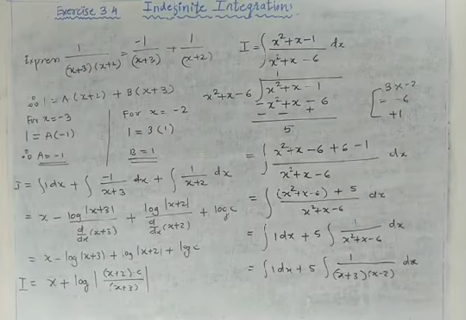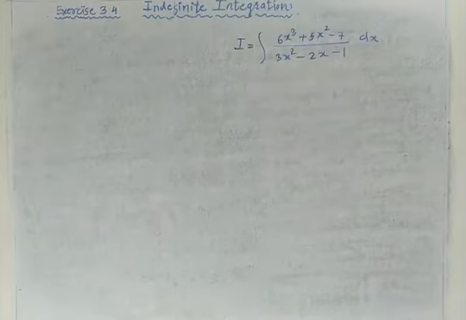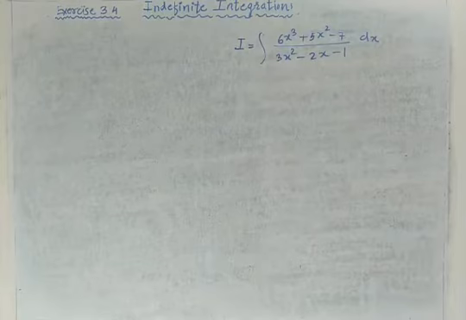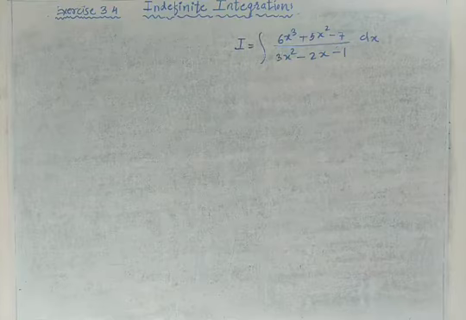Is that clear? Next question. I is equal to integration of 6x cube plus 5x square minus 7 upon 3x square minus 2x minus 1. If you check the degree of the numerator, the highest power term is x cube, so its degree is 3.